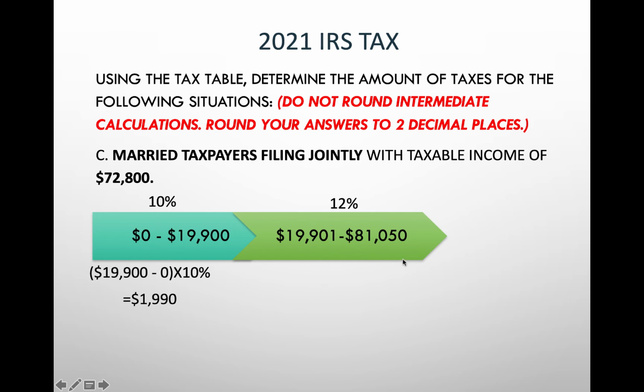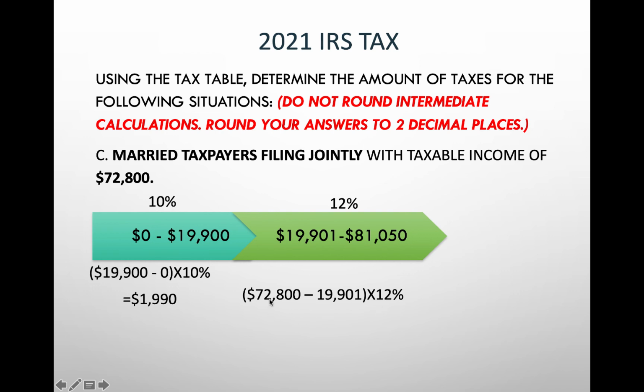And then here we're just double checking, yep, my 72,800 falls within this next bracket. At the top end, it's 81,050. So I don't need to worry about the next bracket up. This is the last bracket I'll be working with. So again, this is the amount of taxable income. I will take that and subtract it by the low end of the range in my bracket, and then multiply that difference by 12%.